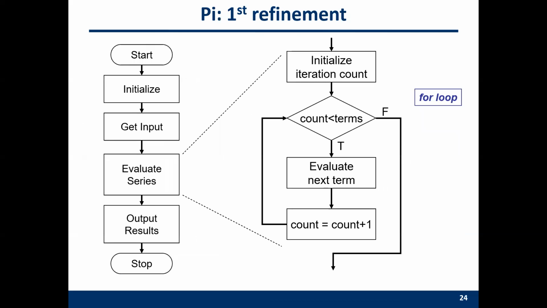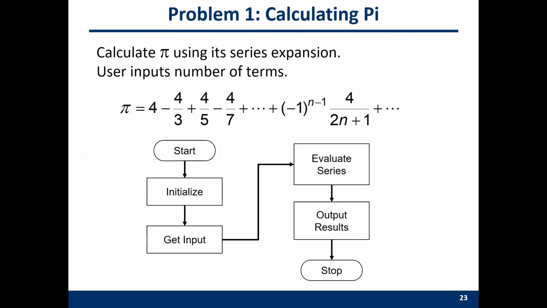So let me go back to the equation of pi. We have different terms: the odd terms are positive, 1 and 3 are positive, but the 2 and 4 are negative.